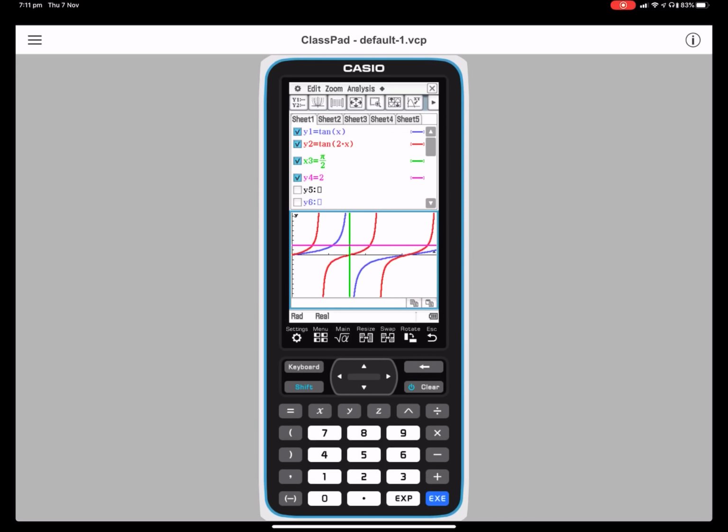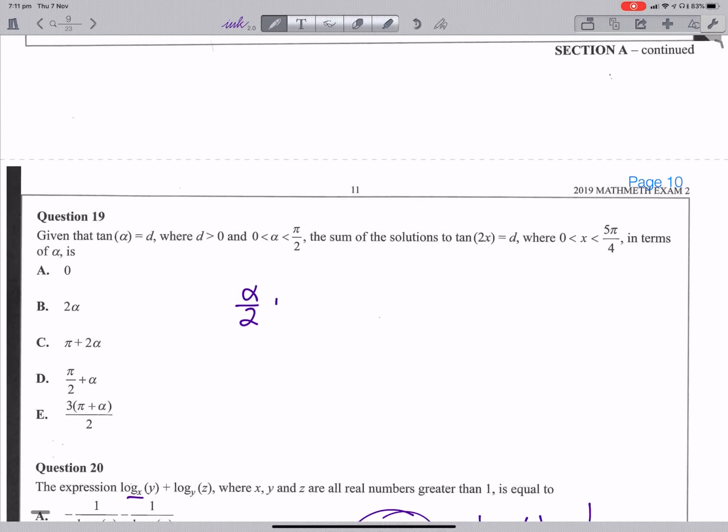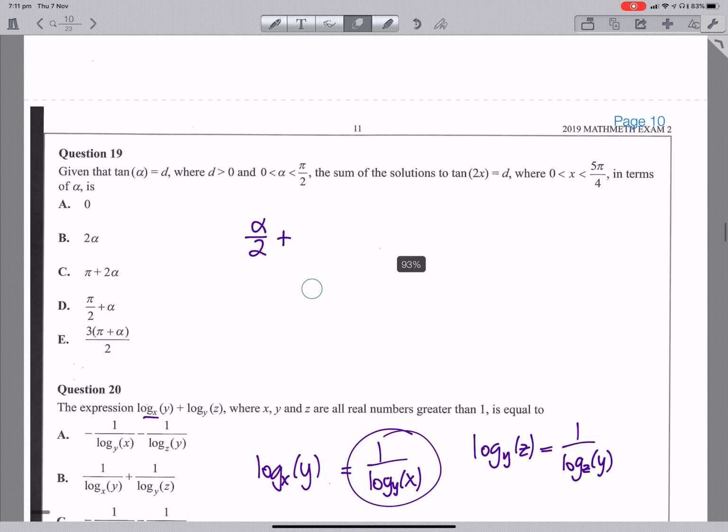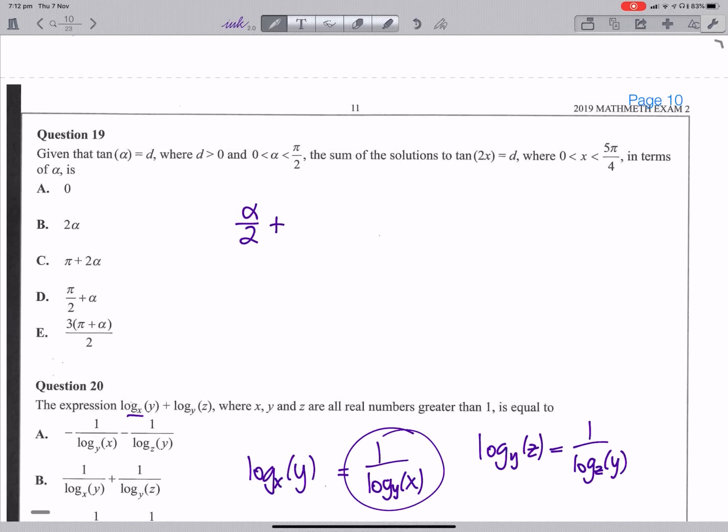Okay, the same solution occurs here, which is the period apart. So my next solution is alpha on 2 plus the period, which is pi on 2.